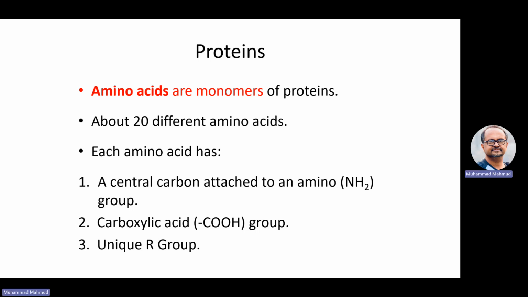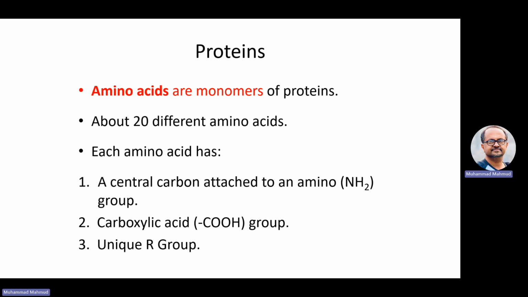Just to summarize, the monomer of carbohydrate is glucose or hexose sugar, the monomer of lipid is fatty acids, and the monomer of proteins is amino acids. There are 20 different types of amino acids we find.